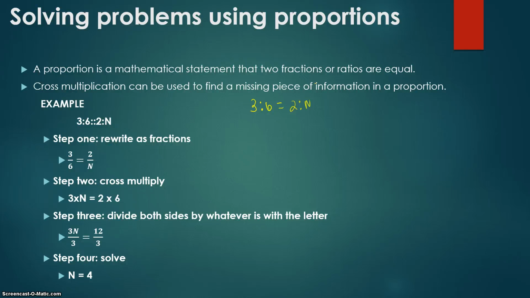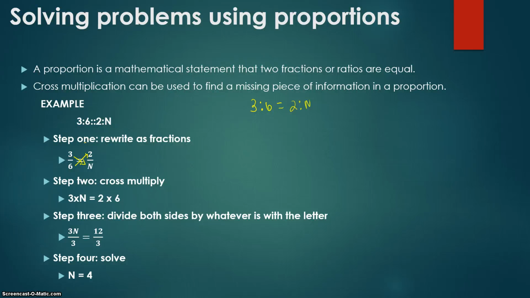So these are ratios. Step 1, rewrite the ratio as a fraction. 3 to 6 becomes 3 over 6 equals 2 over n. Step 2, you cross multiply. So what that means is 3 times n and 2 times 6. Step 3, divide both sides by whatever number is with the letter.